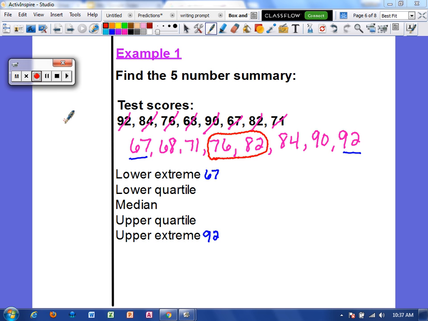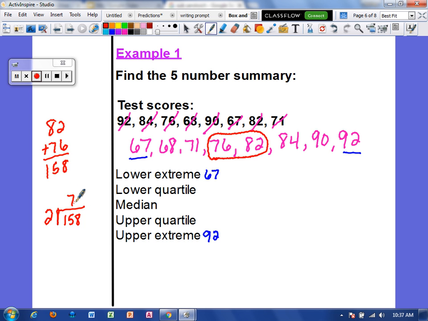Okay, so I'm going to take 82 plus 76. I'm going to divide that by 2 to get the median. So 2 goes into 15 7 times, and 2 goes into 18 9 times. So the median would be 79.